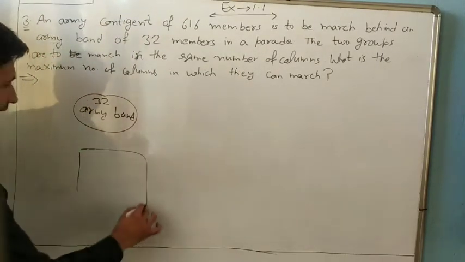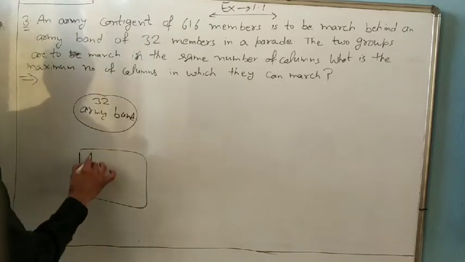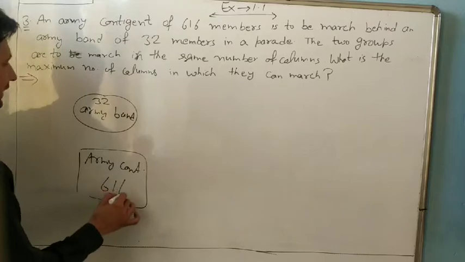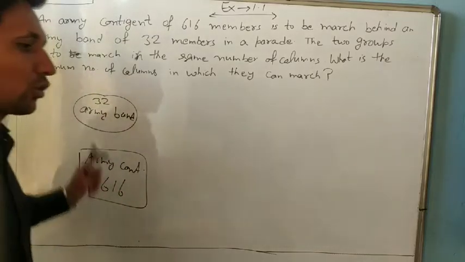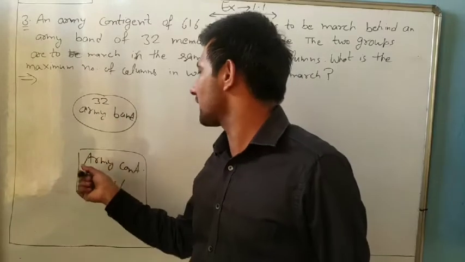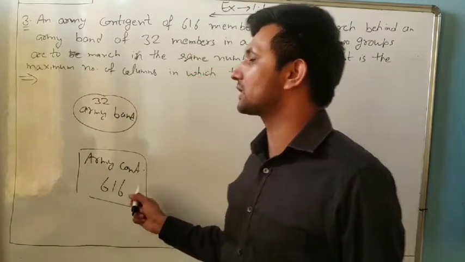So there are two groups given. In the first group 32 members, in the second group 616.